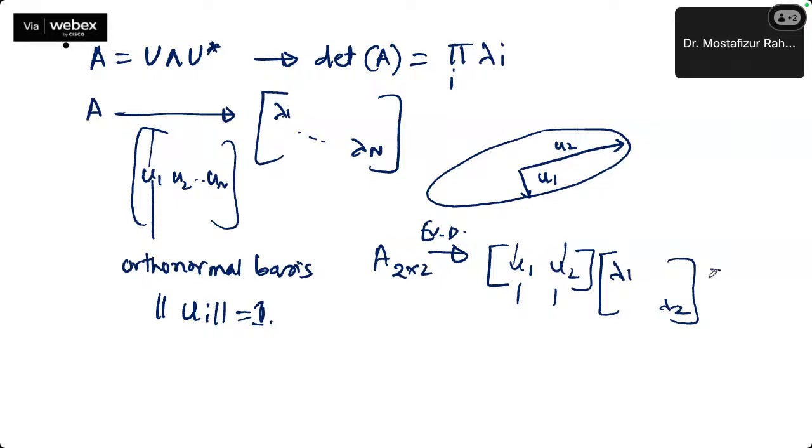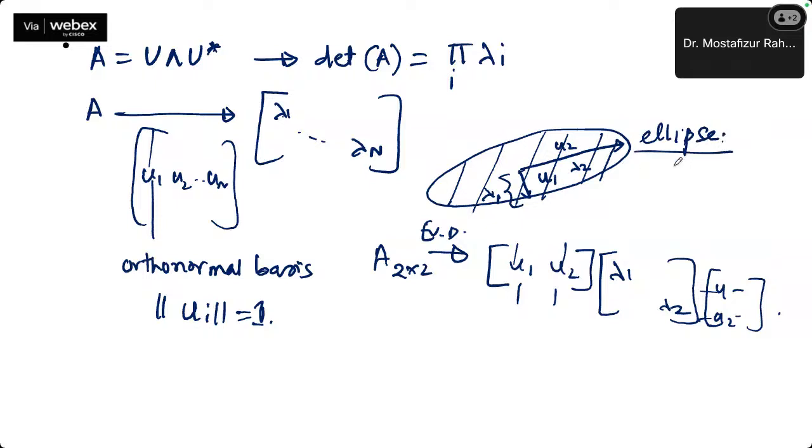The length of U1 is scaled by lambda 1, and the length of U2 by lambda 2. U1 and U2 are vectors, and lambda 1 and lambda 2 are the scalars, or the stretching of the vectors U1 and U2, right? Now see, so this is an ellipse, right?